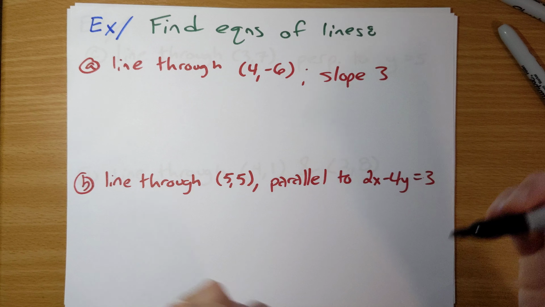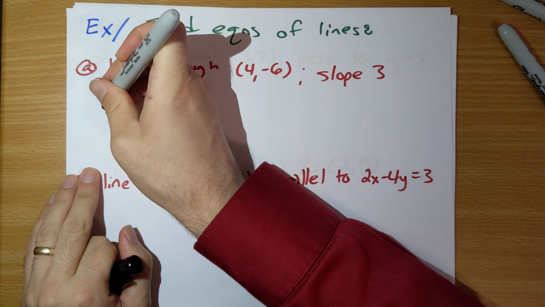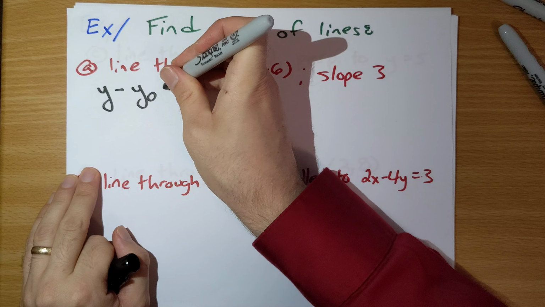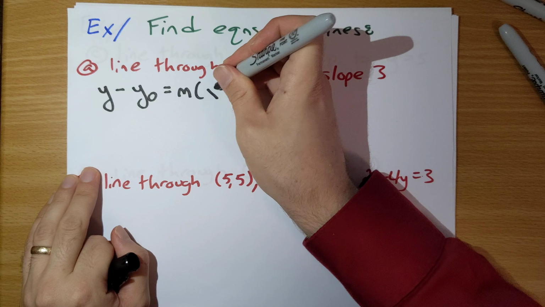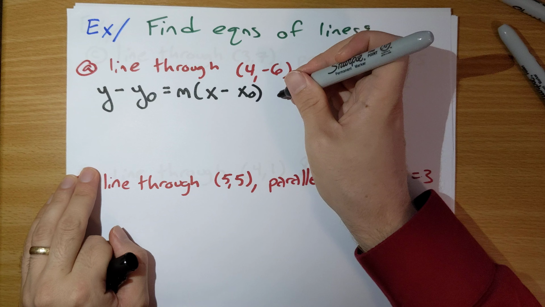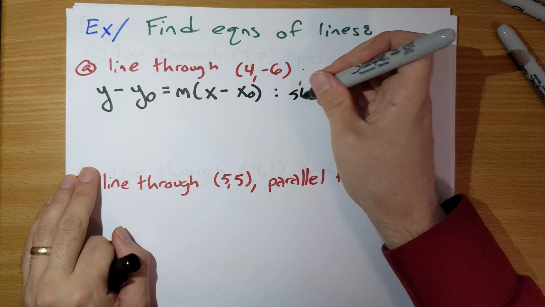So a very important formula to know is y minus y naught is equal to m times x minus x naught, which uses slope m and point (x naught, y naught). So we can simply put in the required information here.